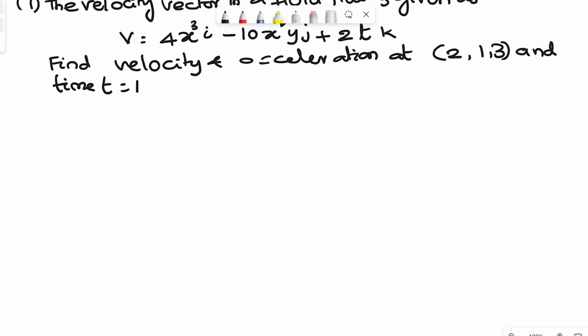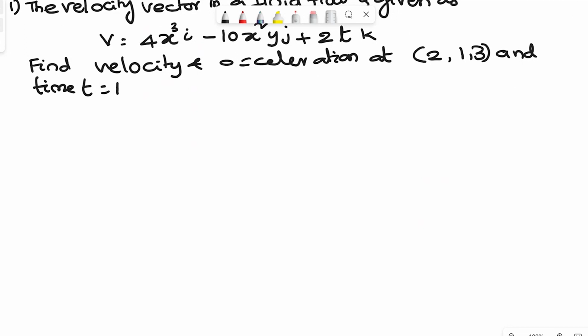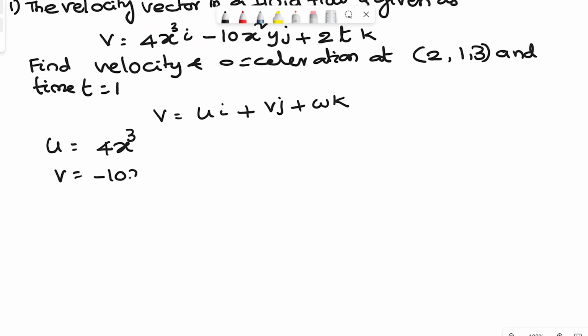So in the equation, v is equal to 4x cube i minus 10x square y j plus 2t k. The general form of the velocity equation is v is equal to u i plus v j plus w k. So u is equal to 4x cube, v is equal to minus 10x square y, and w is equal to 2t.